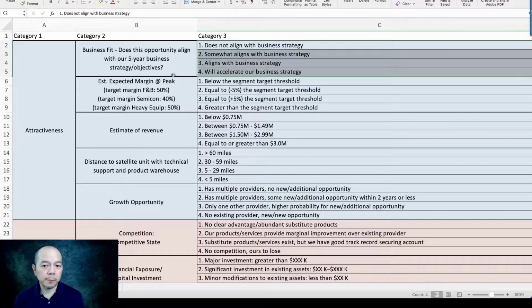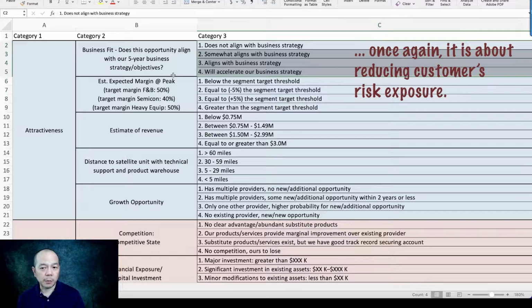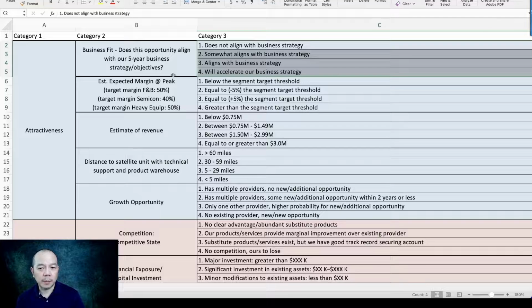In this particular case, distance is an important component of the business, where it was important to know how far the satellite office we have is from the potential customer's business. The importance is that if an emergency should occur, we need to know how long it will take to dispatch a person from point A to point B. Being able to do that in the fastest amount of time actually helps win the business in this particular case.